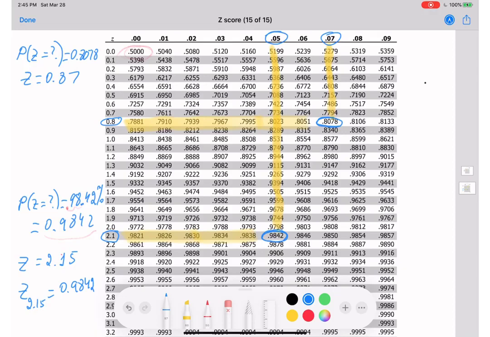For example, let's say I want to find, let me change the color. I want to find probability for z-score that is equal, let me see, 0.8780. Okay, 0.8780.